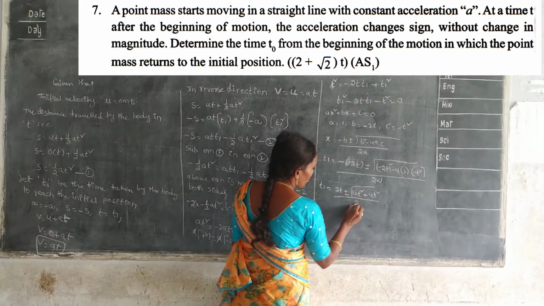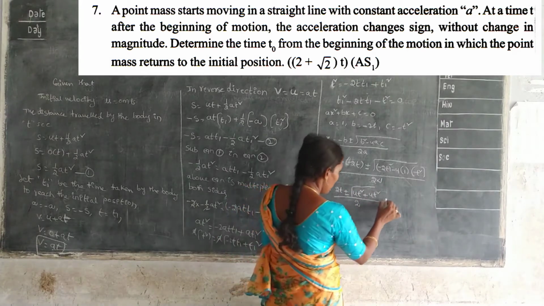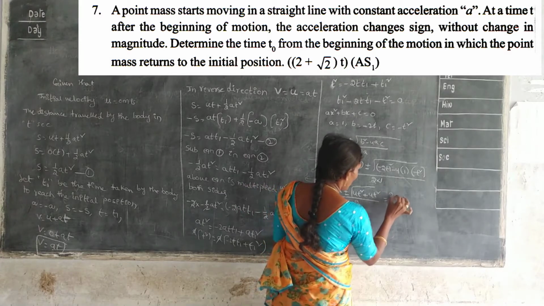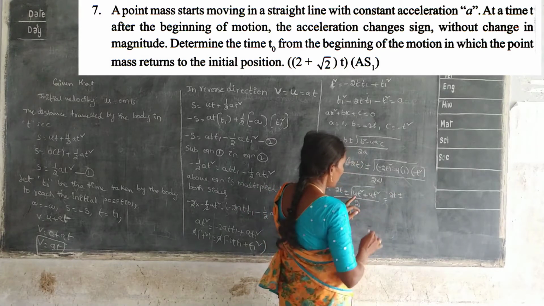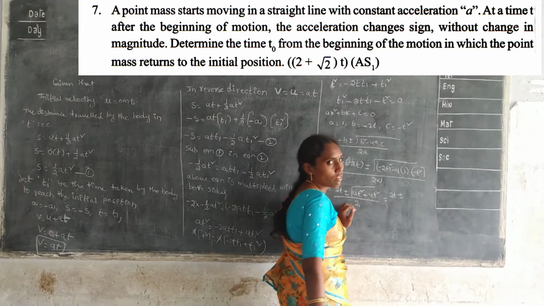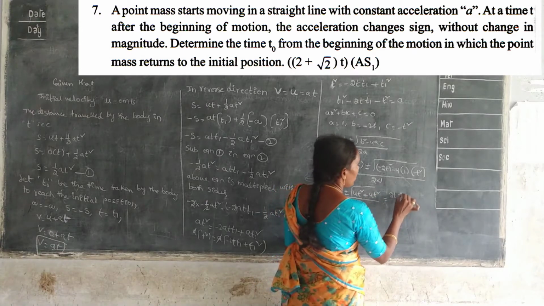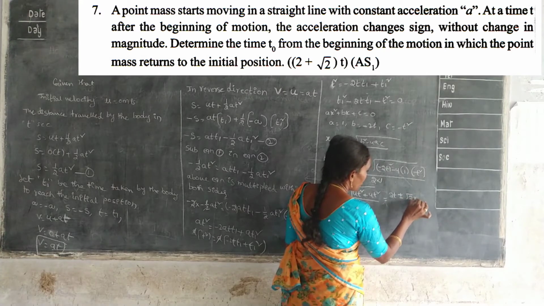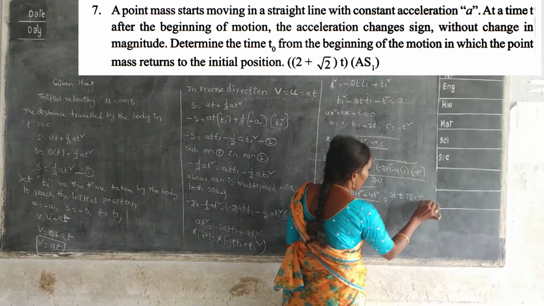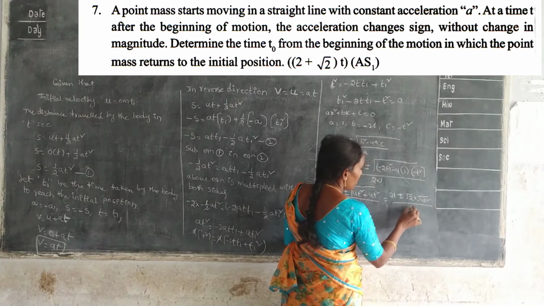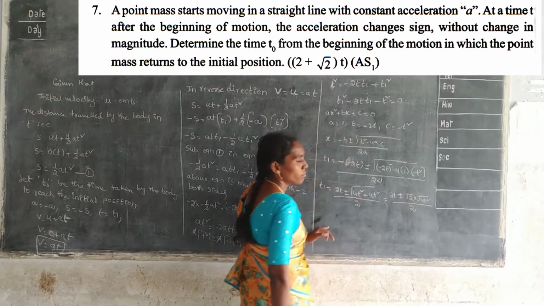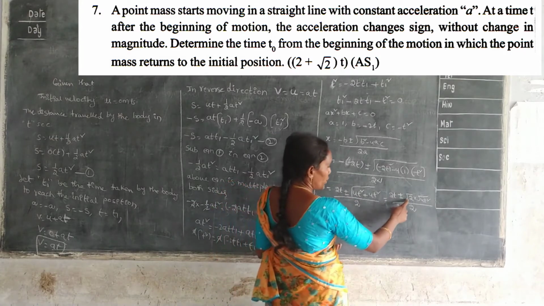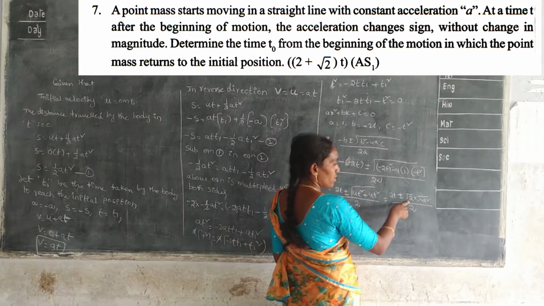That is 8t square, which should be written as root 2 into root 4t square, divided by 2.